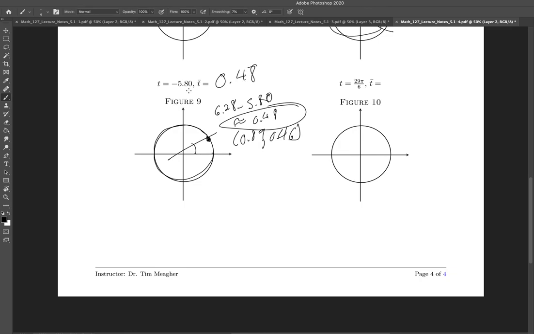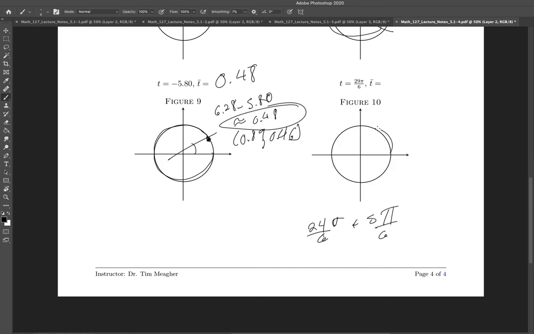And here, if I have 29 pi over 6, well, that's the same thing as 24 over 6 pi plus 5 over 6 pi, right?